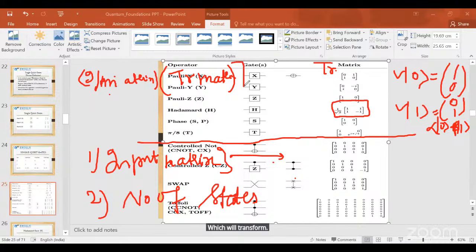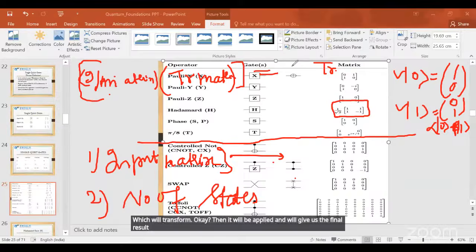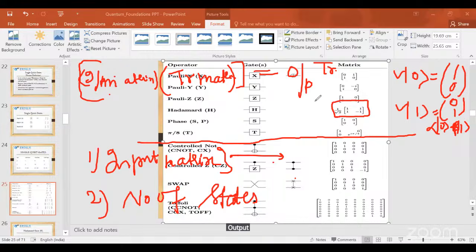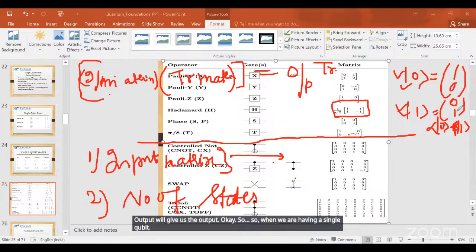Then it will be applied and will give us the final output. So when we have a single qubit 0 and 1, we have these matrices.